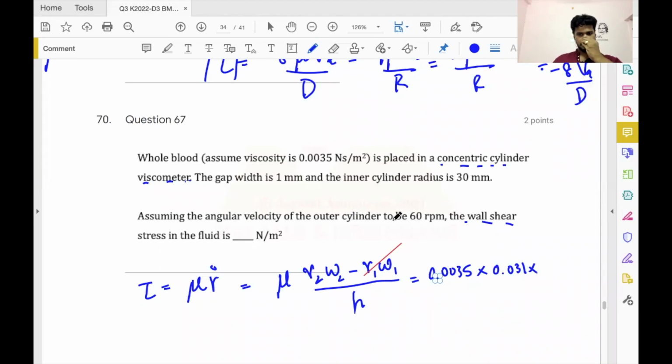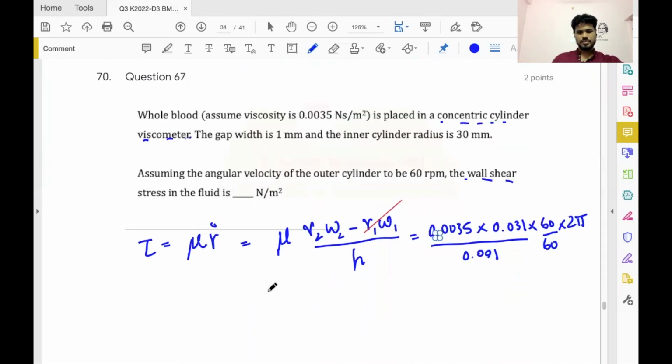So 60 revolutions per minute is 60 by 60 per second, 60 hertz, into 2 pi radians. So all of this, 60 by 60 into 2 pi, is omega in radians per second. And then your H is 0.00.